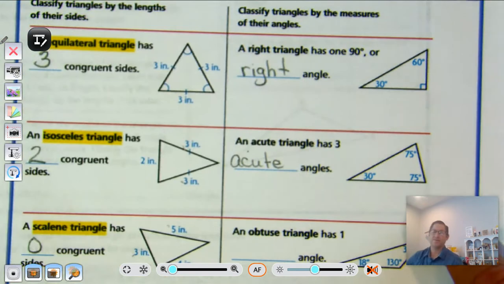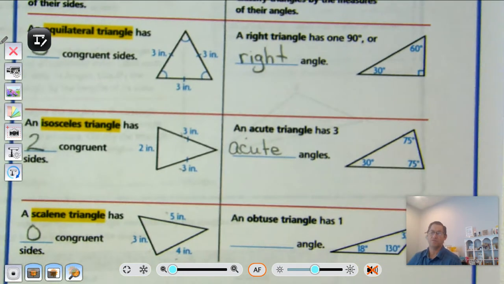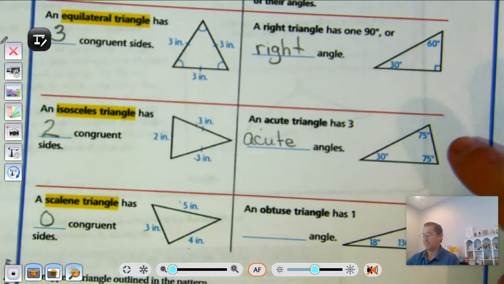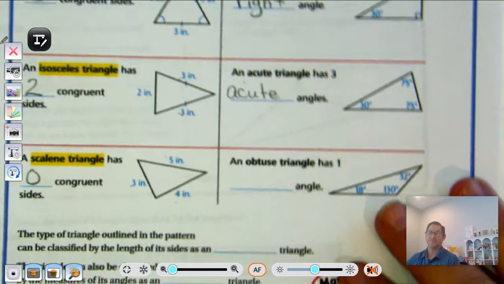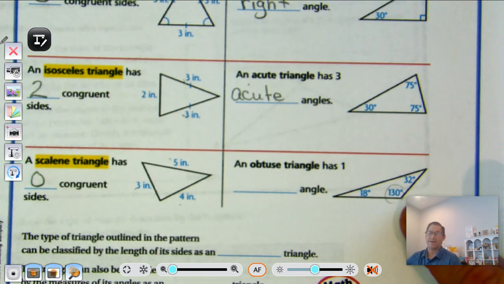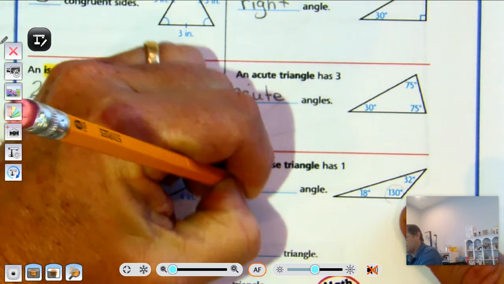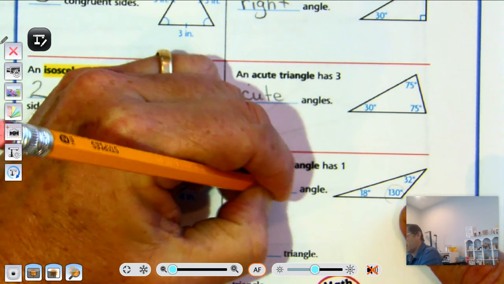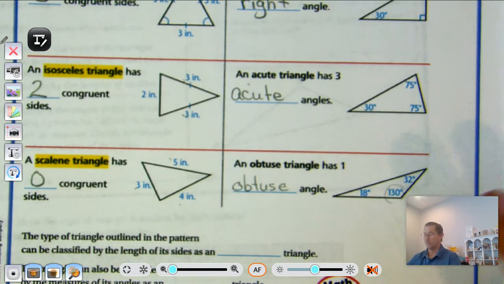Angles that are less than 90 degrees, we call those acute angles. So an acute triangle has to have 3 angles less than 90. And if it's an obtuse triangle, it will have one angle that is greater than 90, but less than 180. So obtuse triangles have one obtuse angle.